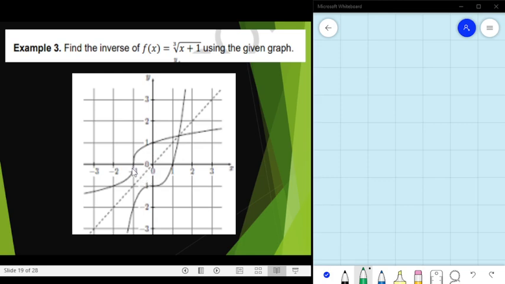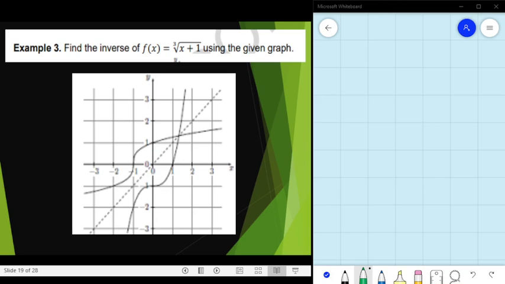When x is negative 2, y is negative 1. That is the graph. If we plot the line y equals x and reflect the graph, we get the inverse. So you just graph f of x first, and afterwards its inverse.